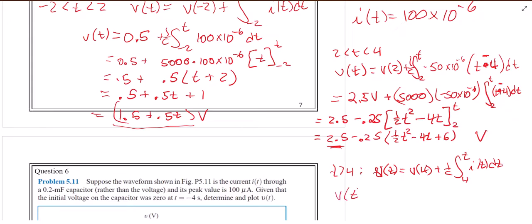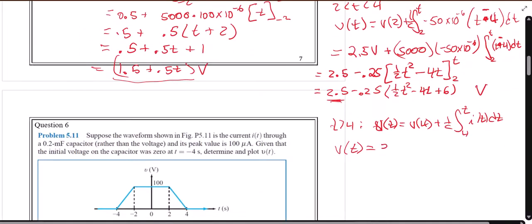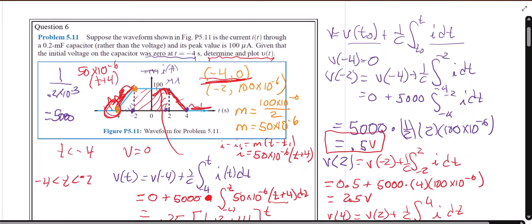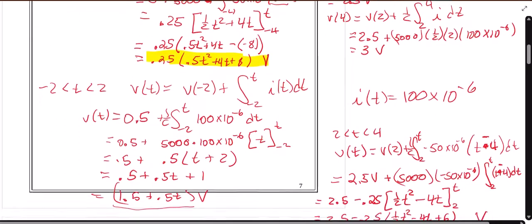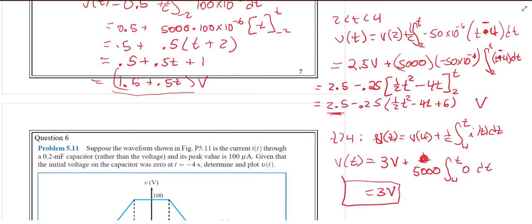And so v of t equals v of 4, we found out was 3 volts, plus 1 over, not 1 over, it's just 5,000, plus 5,000 times the integral from 4 to t. But when we get out to this region, the current is 0, so then we'll plug in 0 here. So 0 dt, and so that just gets us 3 volts. So this is the voltage for t greater than 4.